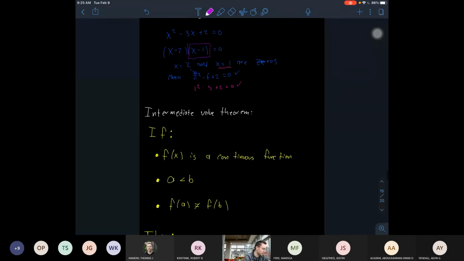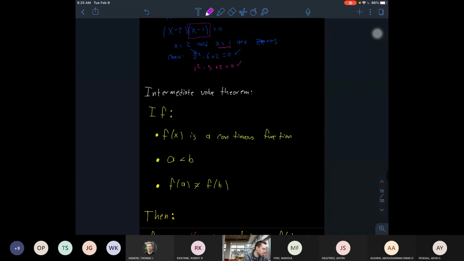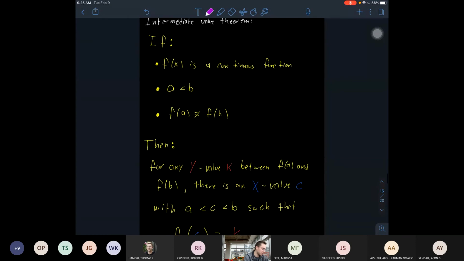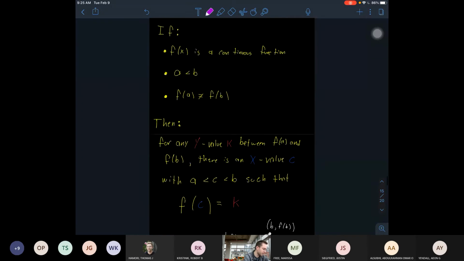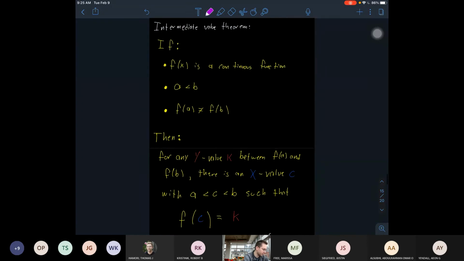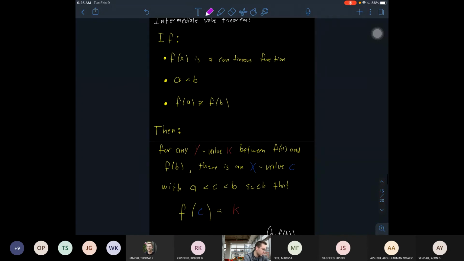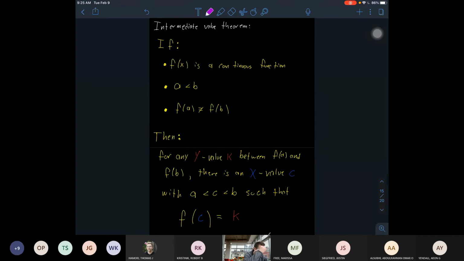Now we're going to talk about something called the intermediate value theorem. You might have seen this before in another math class. If you carry on to calculus, you will definitely see more of it. What I'm going to give you is slightly different from the one in the book.